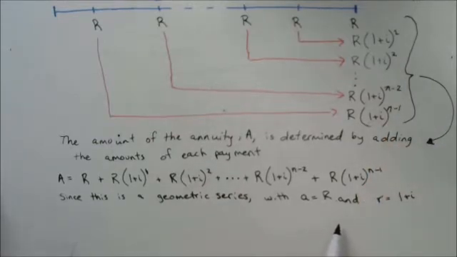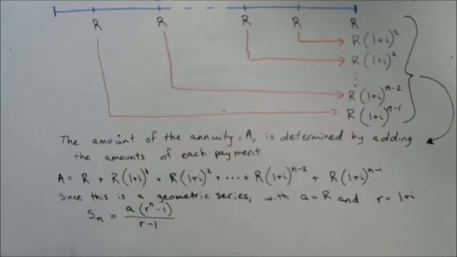So let's use the formula for the sum of a geometric sequence. The sum of the first n terms is equal to a, in brackets, r to the power of n minus 1, over r minus 1.